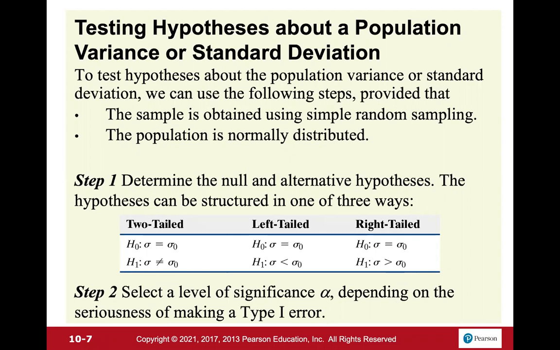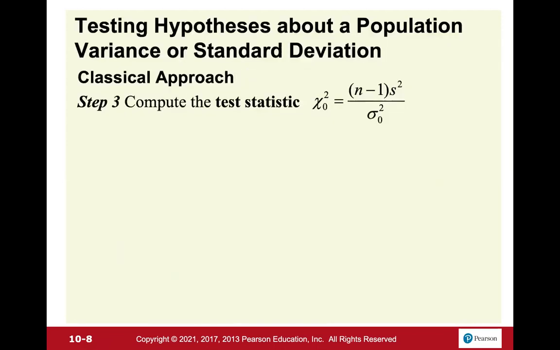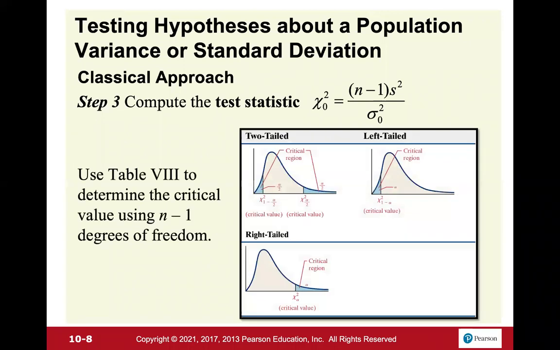Select a level of significance depending on the seriousness of making a type 1 error. Next, compute the test statistic. This is for our classical approach. We're comparing our test statistic to our critical values or critical regions. Critical values are chi-squared left and chi-squared right. If it's to the left of chi-squared left, it's in the critical region.